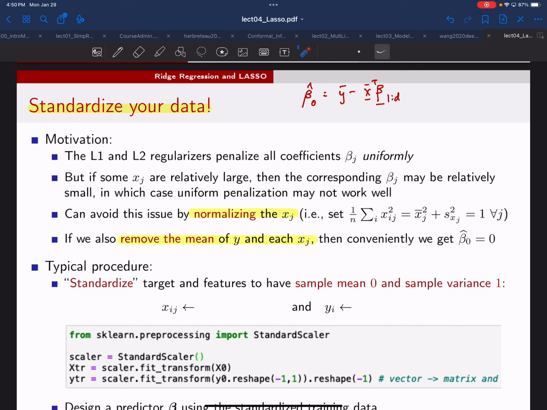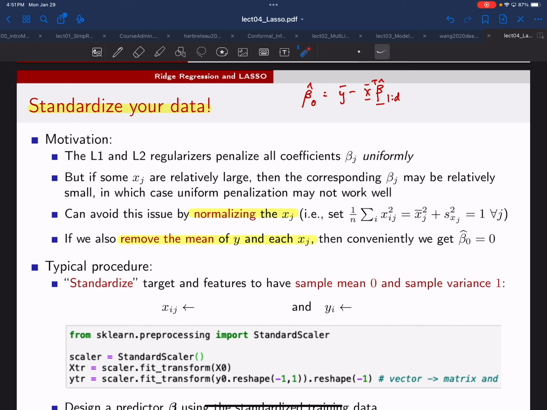So this is, again, the target mean. This is the vector of feature means, and then these are the least squares coefficients for indices 1 through d, the slope coefficients. And so from this equation, you can see that if I set my target mean to 0 and all my feature means to 0, then my least squares beta hat 0 also goes to 0. And what's convenient about that is then I don't have to write it in any equations. I don't have to solve for it. I just know it's 0.